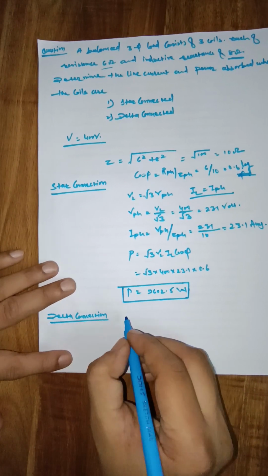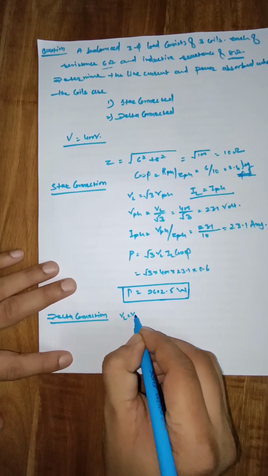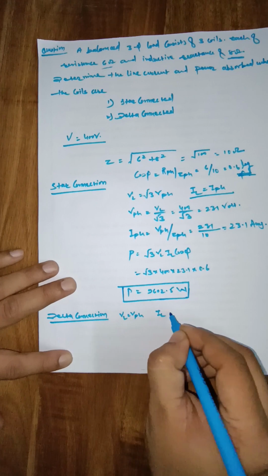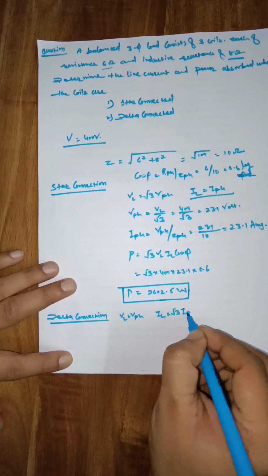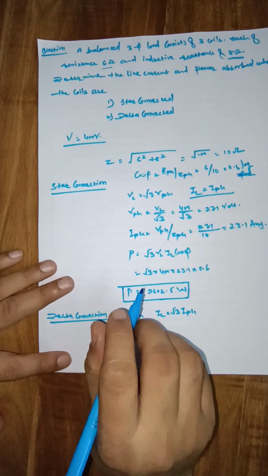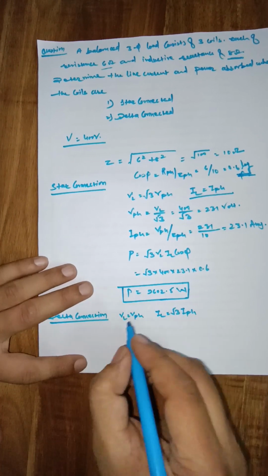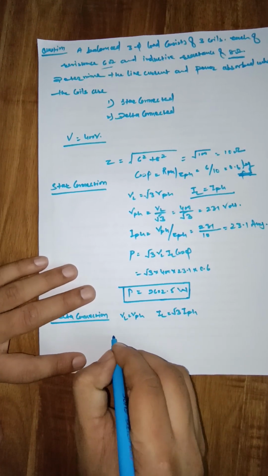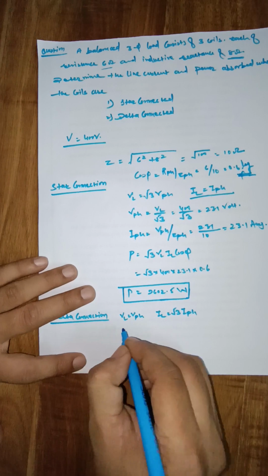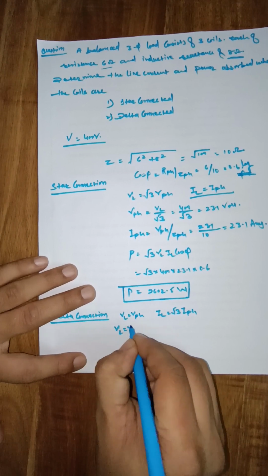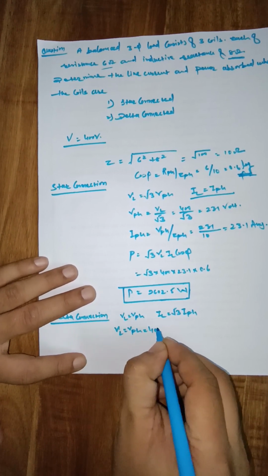Okay. Now in delta connection, VL equal to VPH and IL equal to root 3 IPH. Now, what will be the value of IPH? And VL equal to VPH equal to 400.